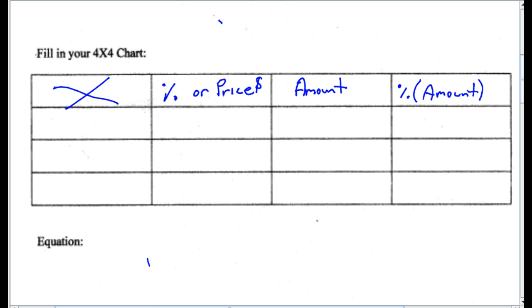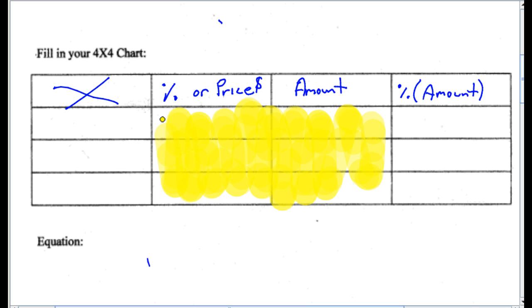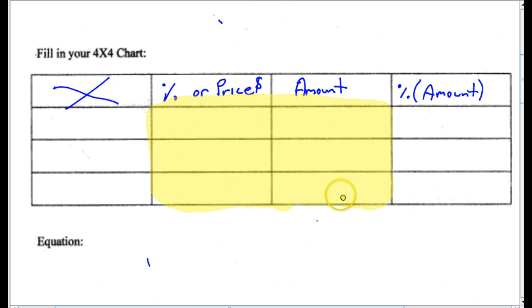So the goal is really focusing on just filling in these 6 boxes. This is where what you fill in from the word problem. And once I have these 6 boxes, I just multiply here, and these 2 boxes will add up to equal the bottom.